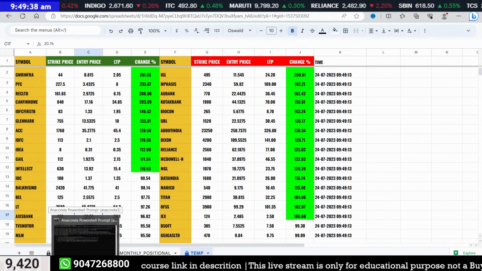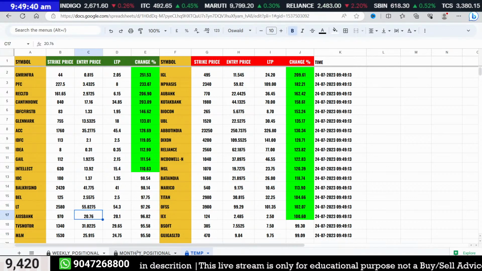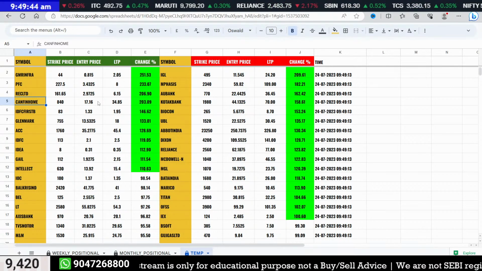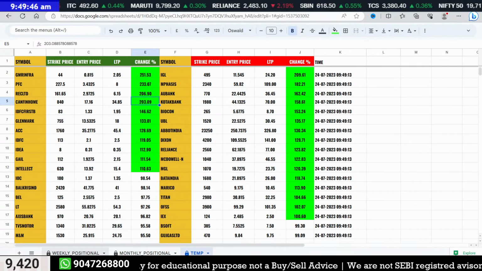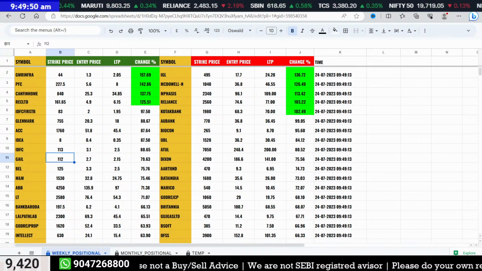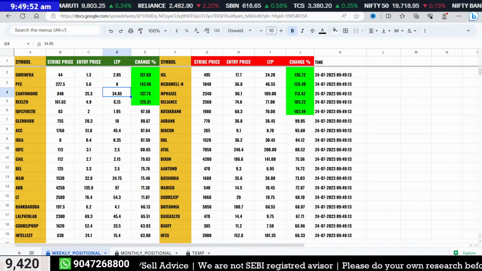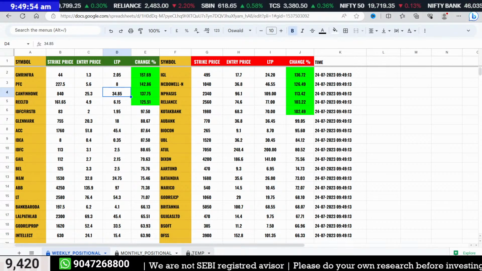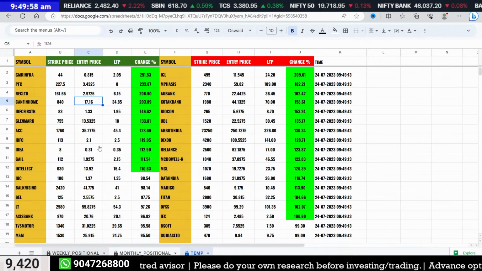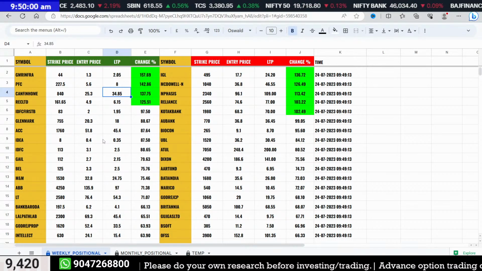Axis Bank. Canfin started. I think it is not Canfin, it already gave you 17 and 34 on a testing basis. And on the weekly time frame, Canfin, I think 25 to 34 already moved, no? Here is about 17 to 34. Here almost 24 to 30, 25 to 34.